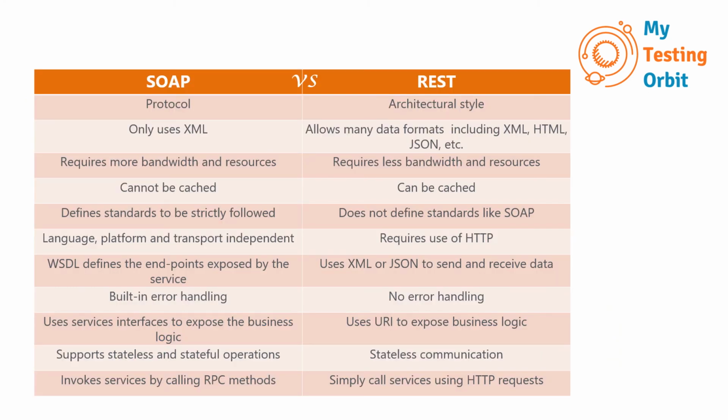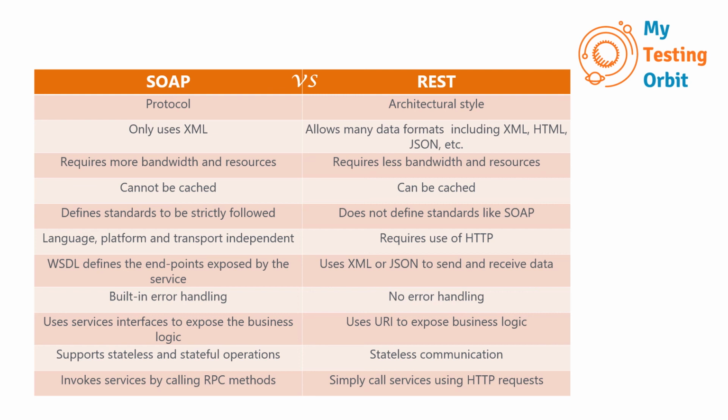All right, so the last one is SOAP versus REST. First of all, we can't really compare SOAP and REST APIs because the basic structure is different. We know that SOAP is a protocol and REST is an architectural style.